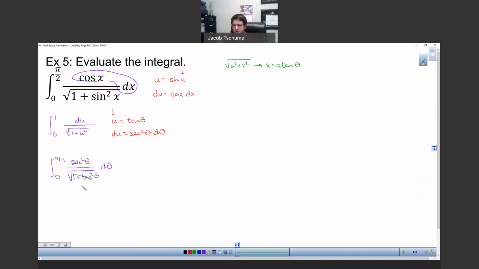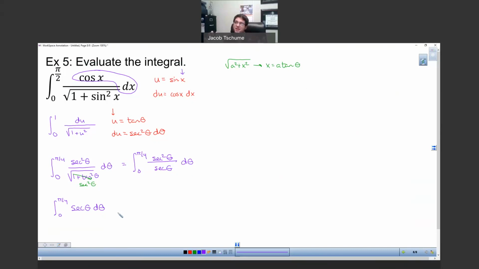So if this becomes secant squared of theta, I can take the square root of that to give me the integral from 0 to pi over 4 of secant squared theta over secant theta d theta, which I can then divide and get the integral from 0 to pi over 4 of secant theta d theta, which is one of the rules that you have to do off your chart.